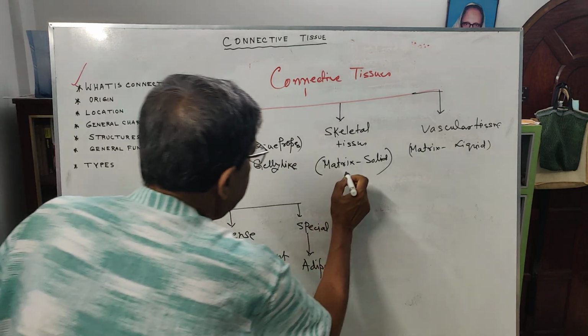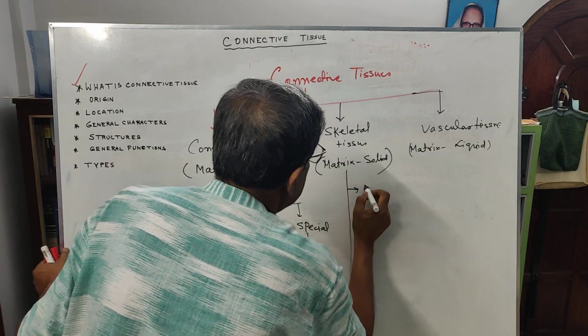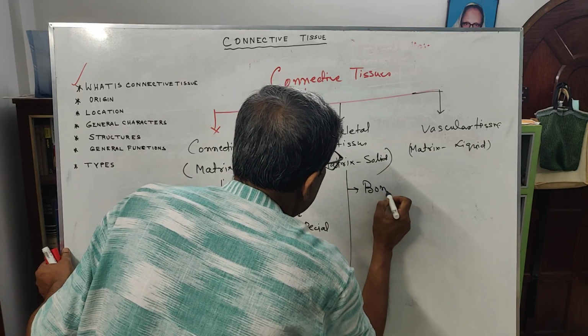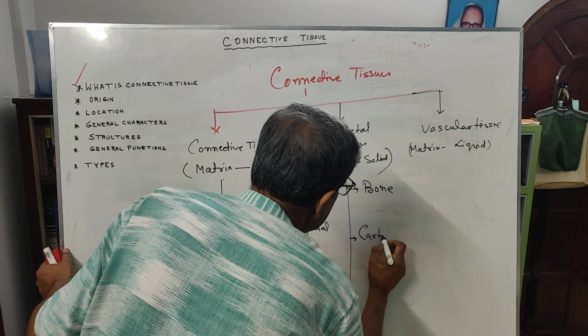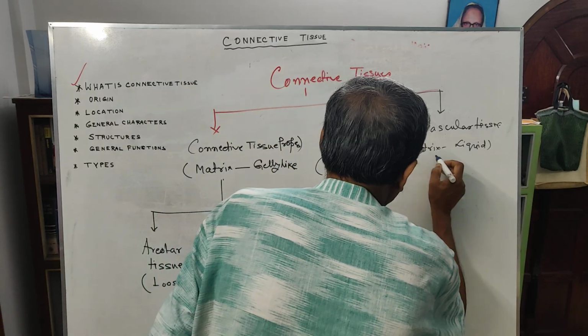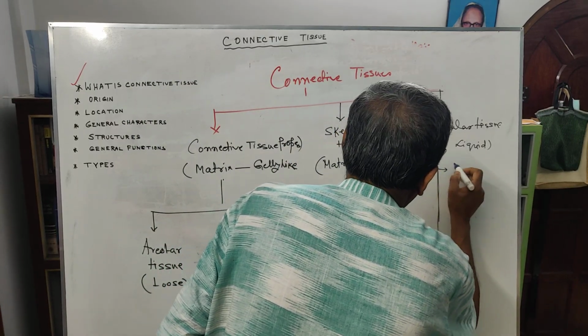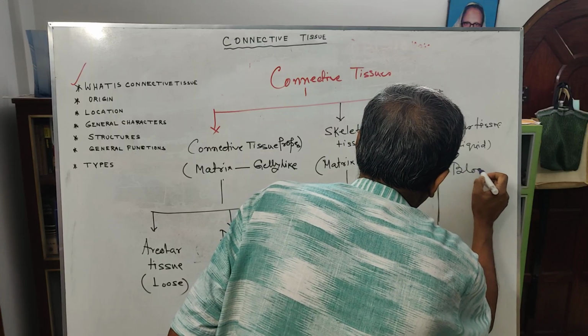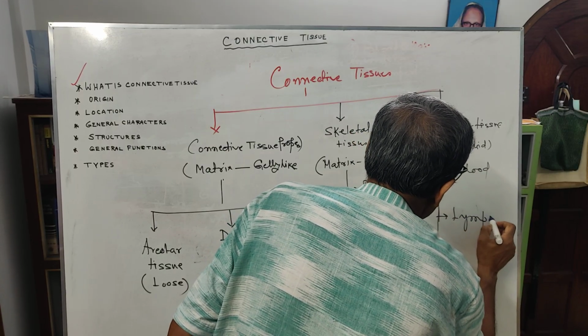Skeletal tissue is divided into bones and cartilage. Vascular tissue may be divided into blood and lymph.